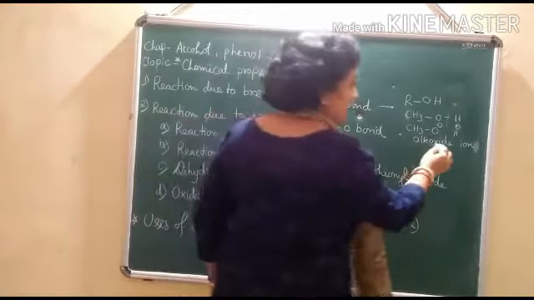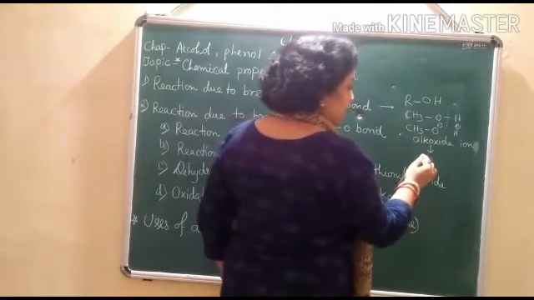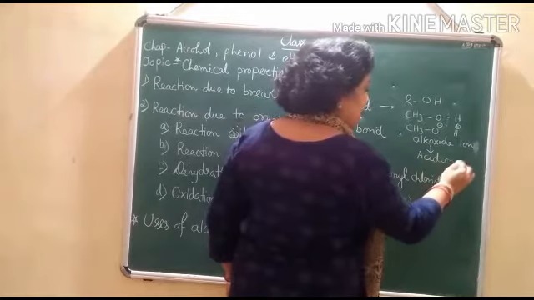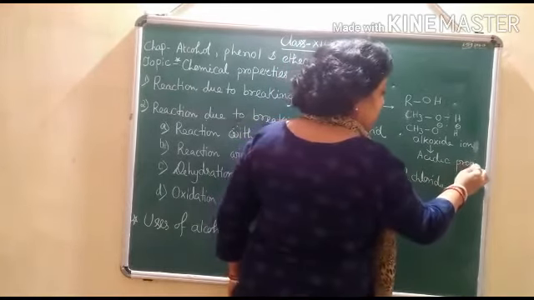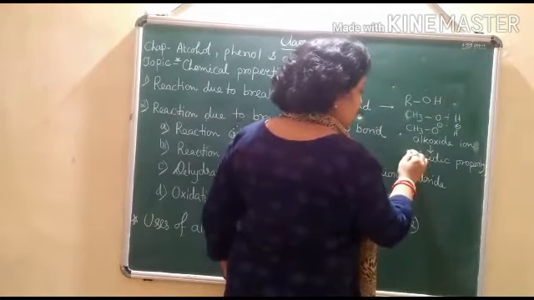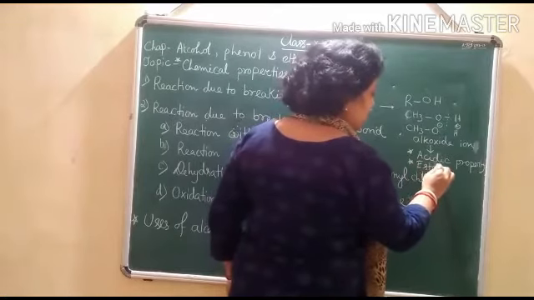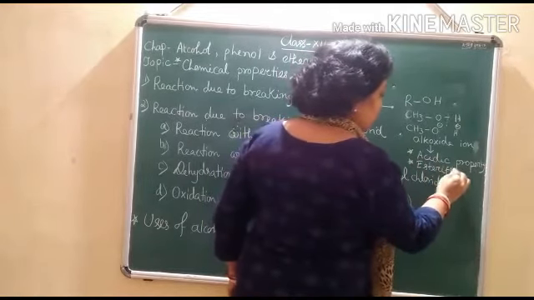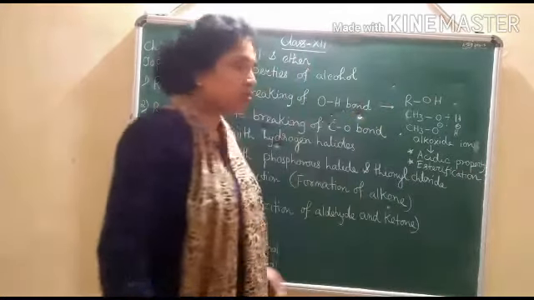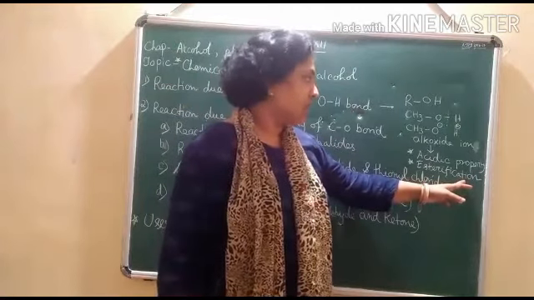Why do we find this kind of alkoxide ion? One property is the acidic property, which we'll explain. The second one is the esterification reaction, which means formation of ester.